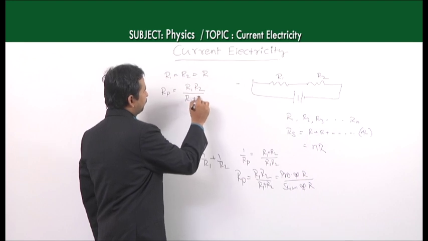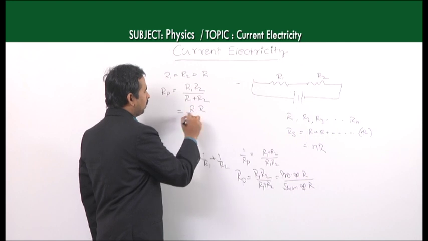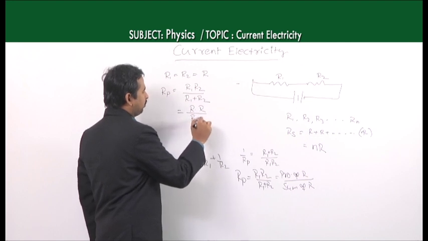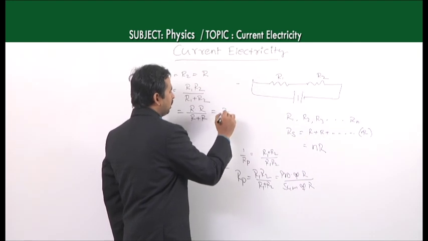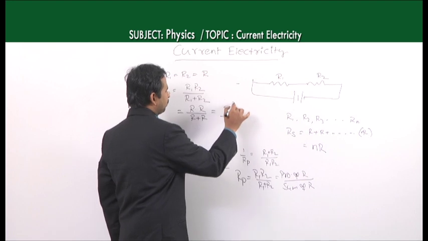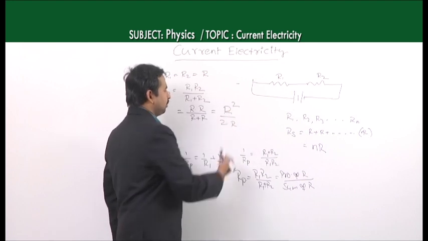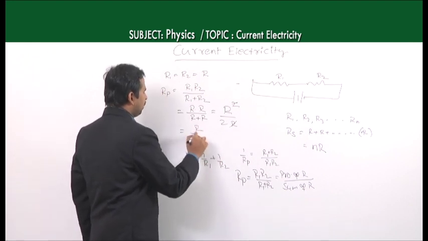So R into R by R plus R is R square by 2R. One of the R cancels and finally we got R by 2.